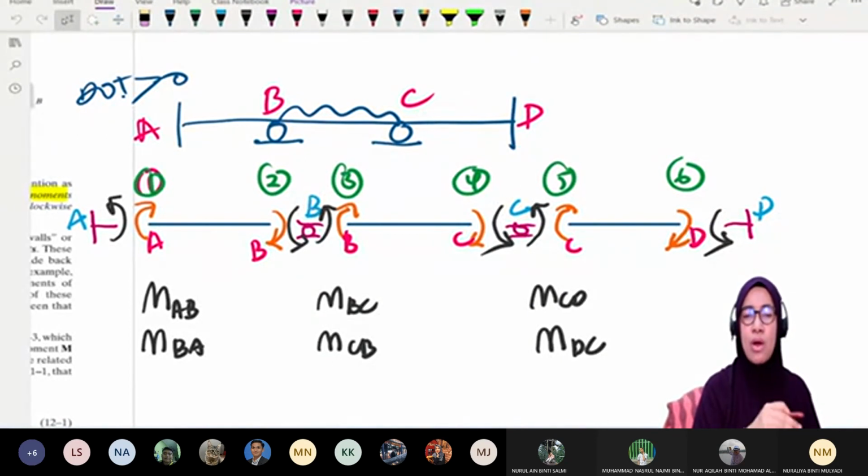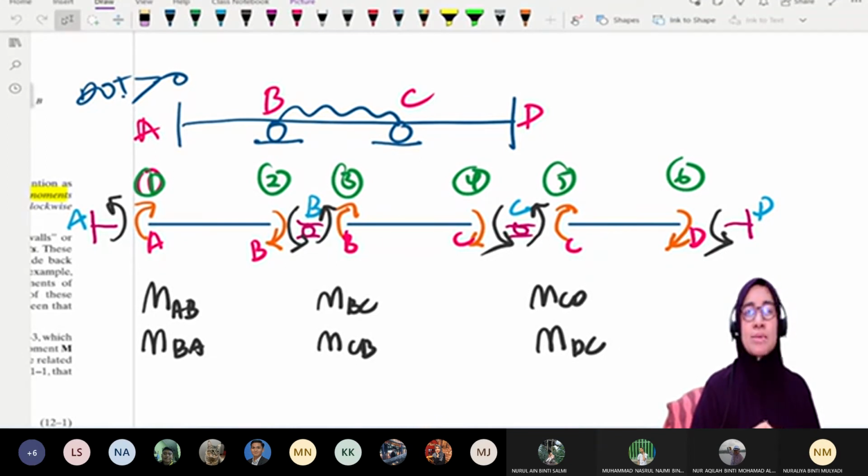We draw element by element, starting from member AB, member BC, member CD, and for these members we have six green ones, 1, 2, 3, 4, 5, 6: M_AB, M_BA, then 3 and 4 are M_BC, M_CB, and 5 and 6 are M_CD, M_DC.